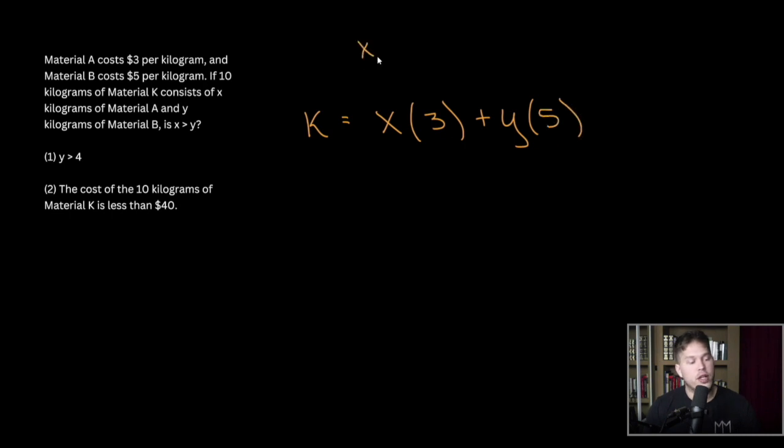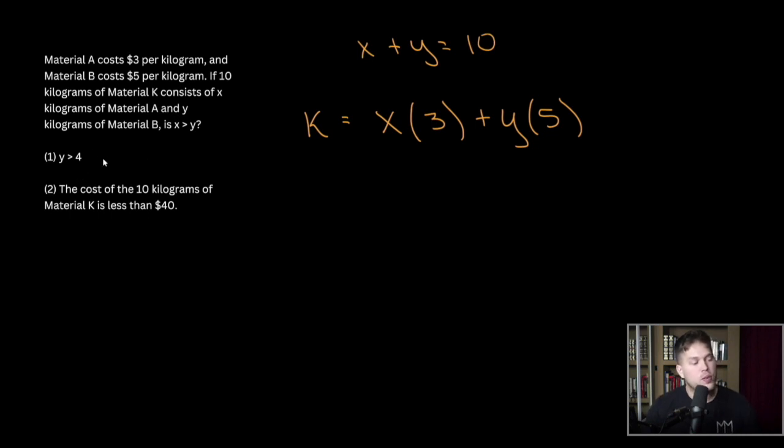And of course, we also know that X plus Y is going to be equal to 10. And we want to know if X is greater than Y. Is there more material A than material B?